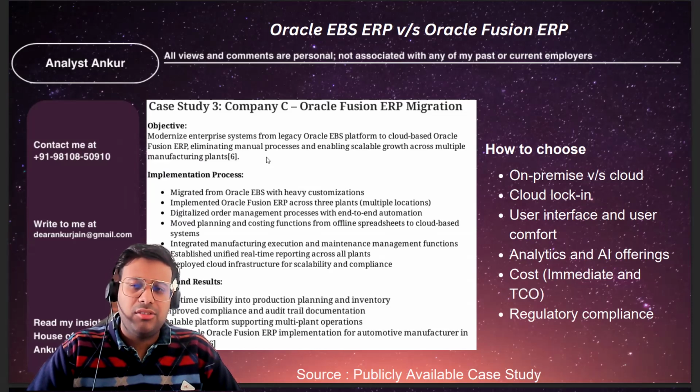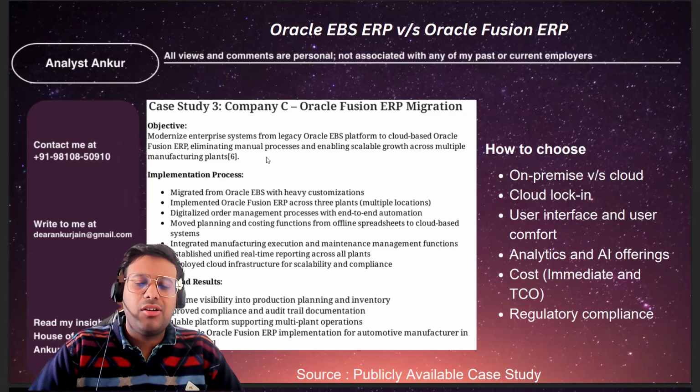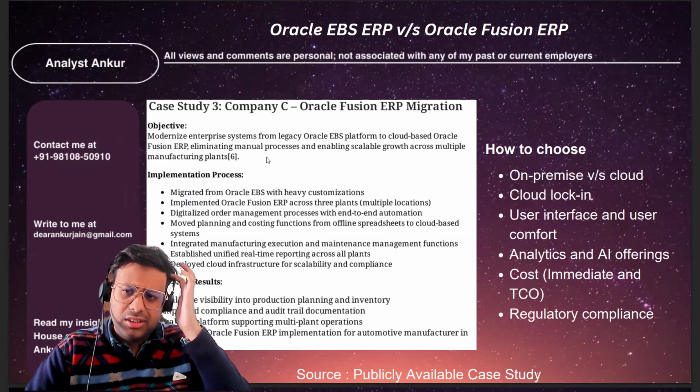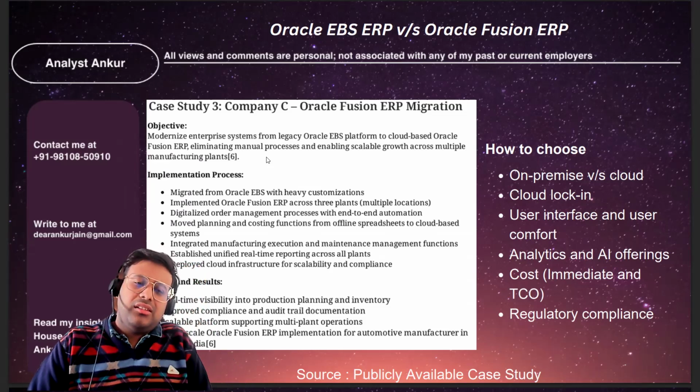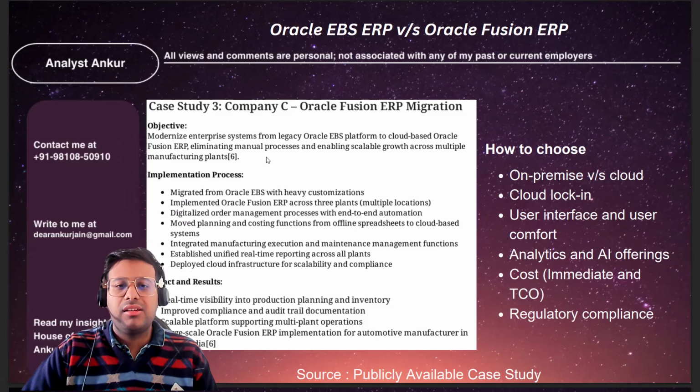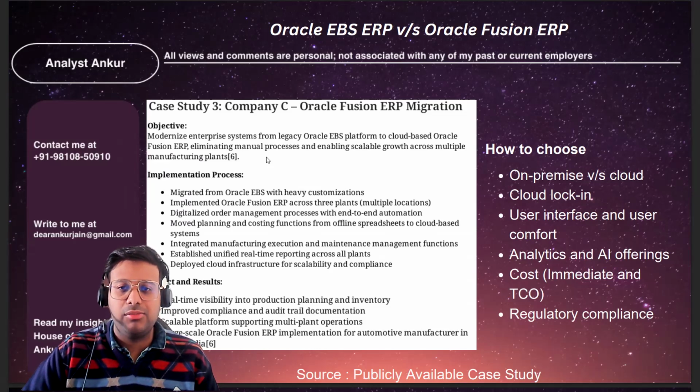There are vendor lock-ins as well as cloud lock-ins. So the quick discussion here is that this particular company C, which is part of my assessment, has moved from Oracle EBS to the Oracle Fusion ERP system in the name of digital transformation.